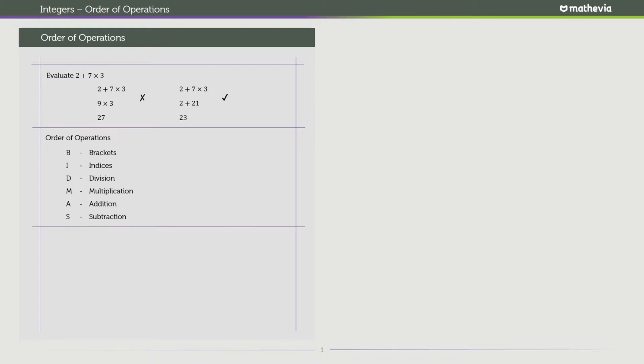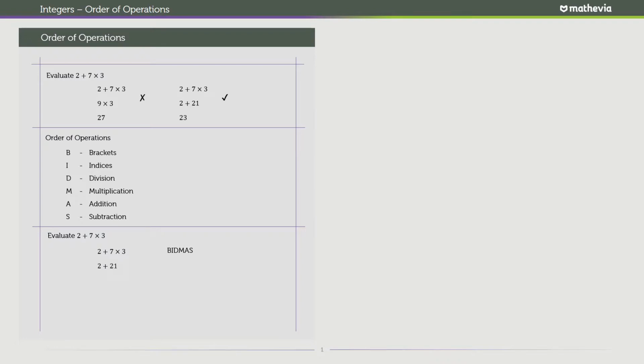Going back to our previous question, we have 2 plus 7 times 3, and we just apply BIDMAS. Here we have two operations, multiplication and addition, and in BIDMAS, M comes before A, so we do multiplication before addition.